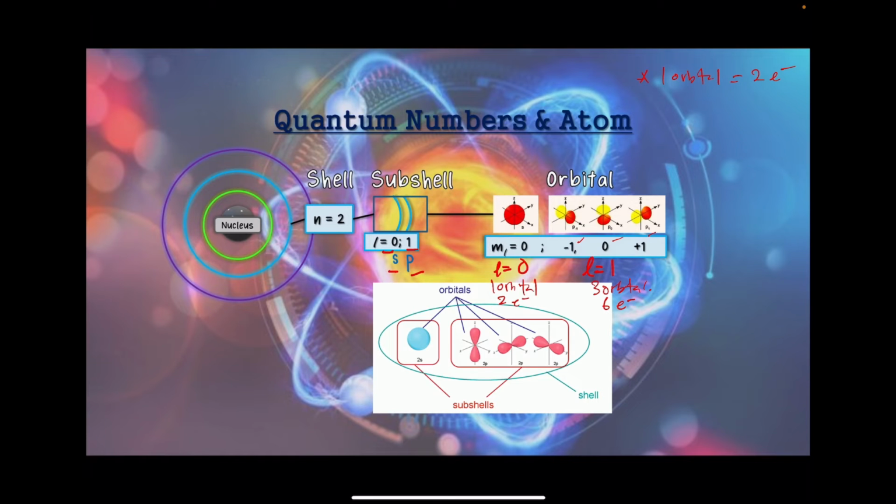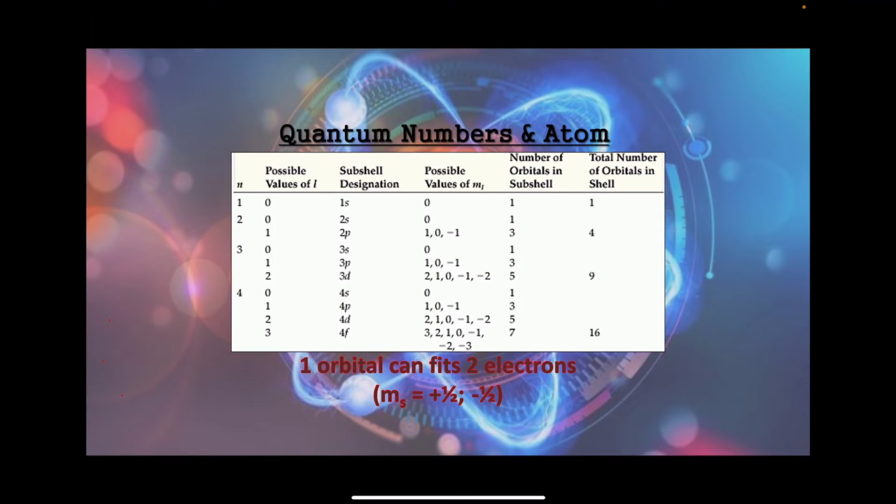Okay. The last part on the revision is about the ms, the spin quantum number. The spin quantum number just indicates the orientation of the electron, either positive half or negative half in one orbital.